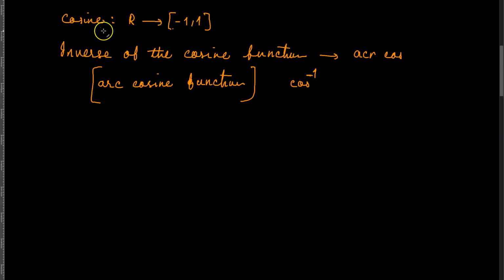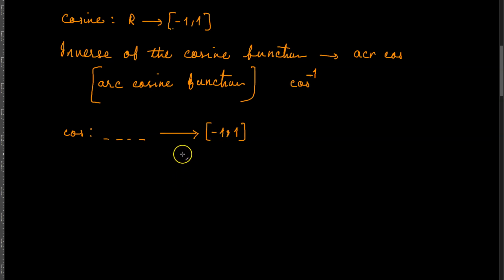Since we argued that we have to restrict the domain of the function, I can say that for the cos function you can take any interval as long as the function in that interval is one-one. And once you take that interval, it has to be mapped to some other interval, for example -1, 1, which is the range of the function.